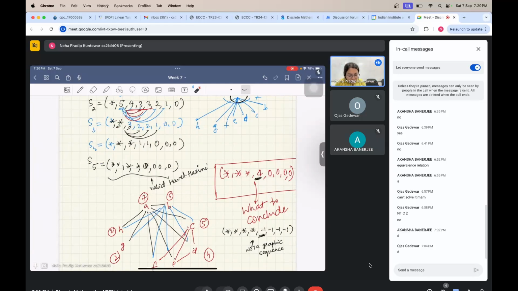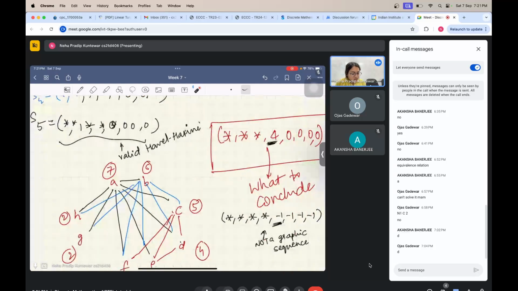So only if you ultimately reach a point where everything is just stars and zeros, then it's a valid sequence. But if you reach a stage where you have something else, basically negatives, then it's not a graphic sequence, and that is where you stop and conclude that it's not a valid graph. So thanks for asking the question.